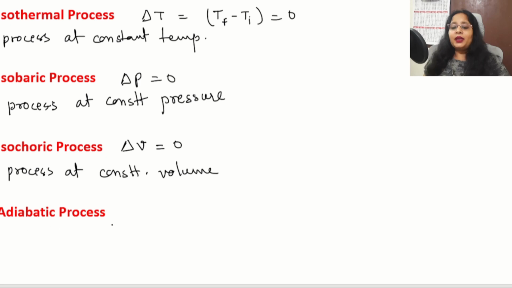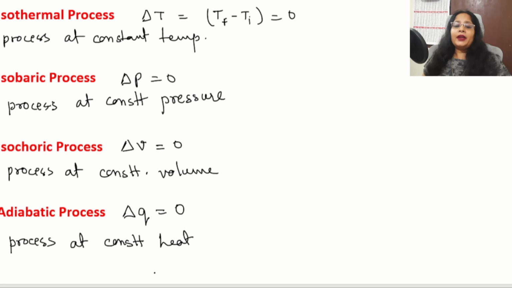Now next comes adiabatic process. Now this is something different. Adiabatic process is the process where delta Q, the heat, is 0. It means the process occurs at constant heat.